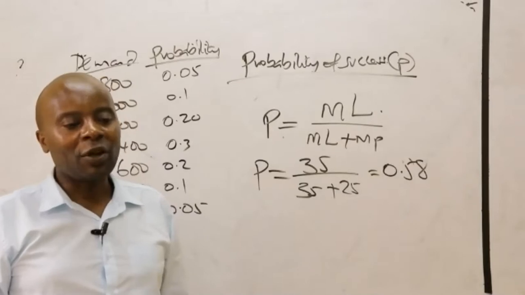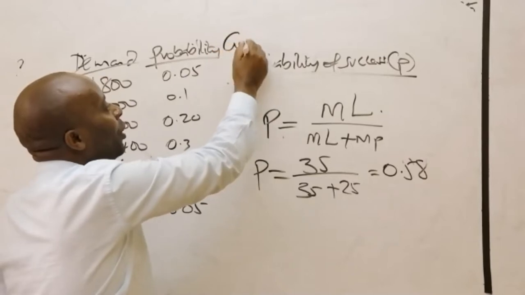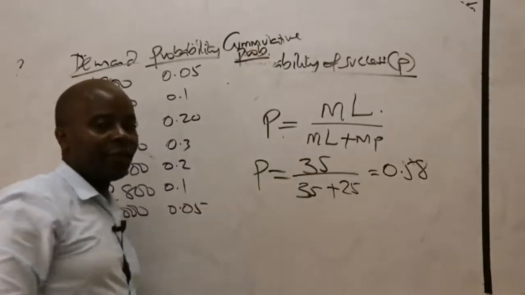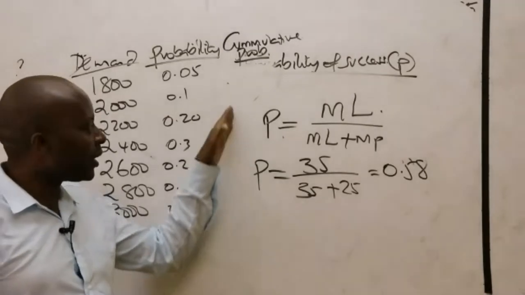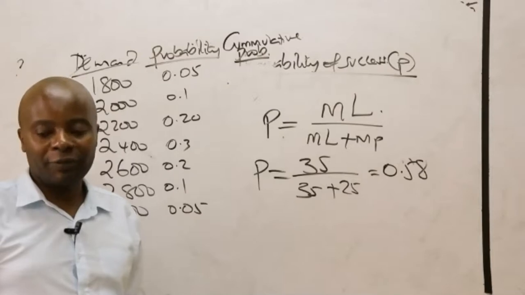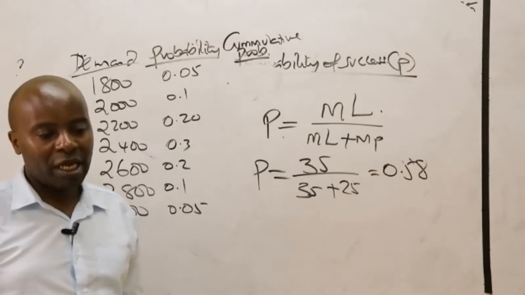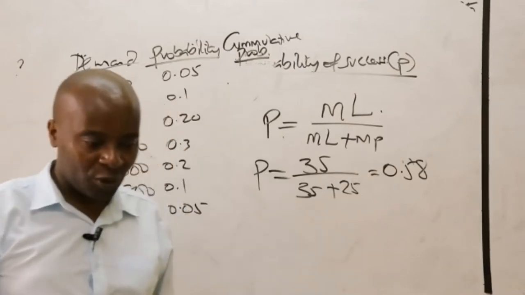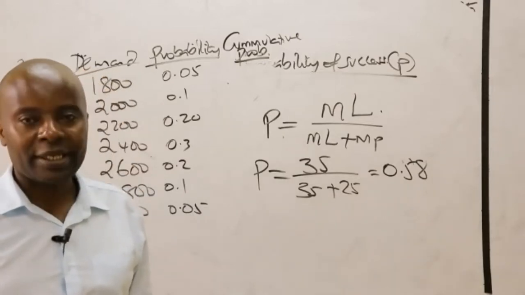Now, ladies and gentlemen, from there, I will come very fast and do what we call cumulative probabilities. I would want to give you 1 minute. You accumulate these things downwards for me very fast until you get one somewhere there.